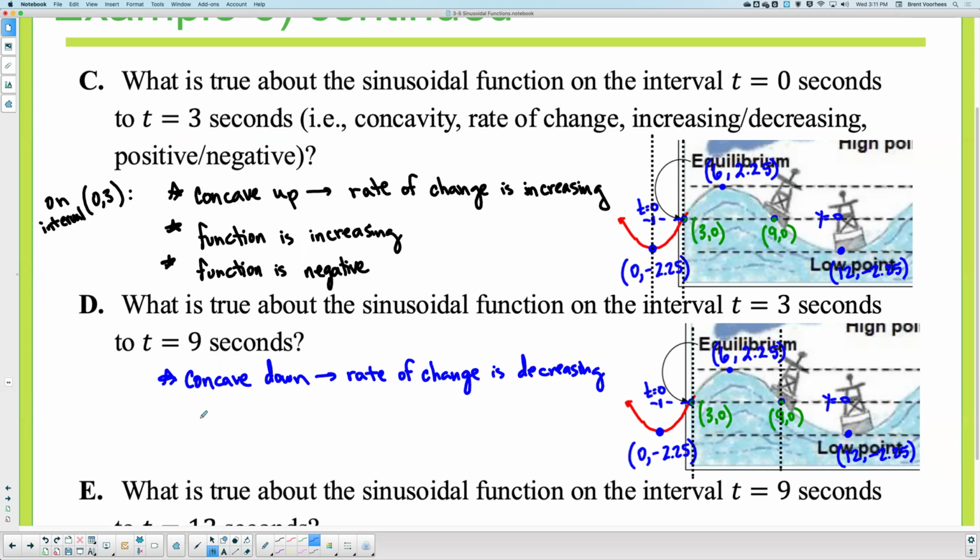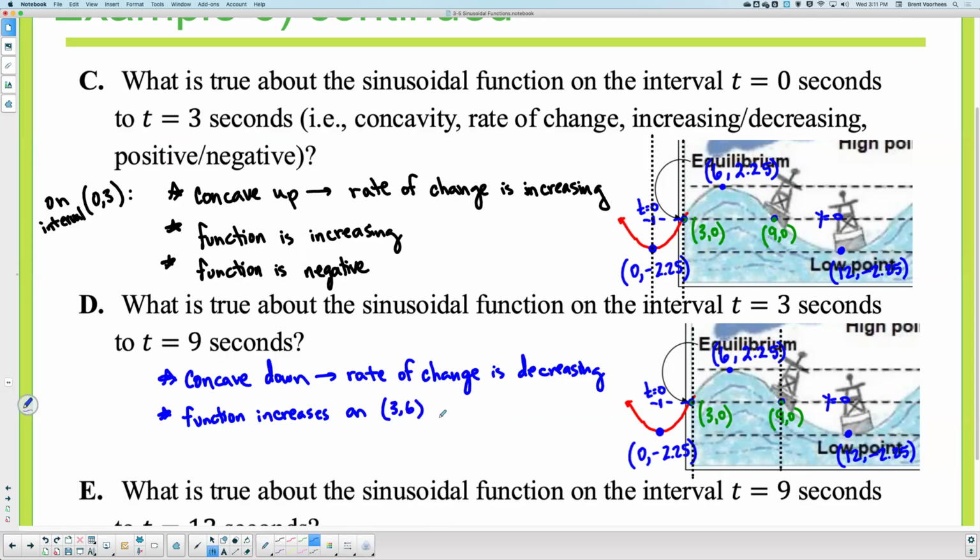Unbreakable chain. Okay, the function itself increases first on 3 to 6.